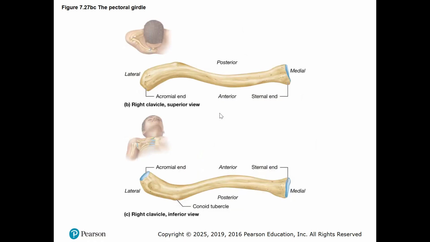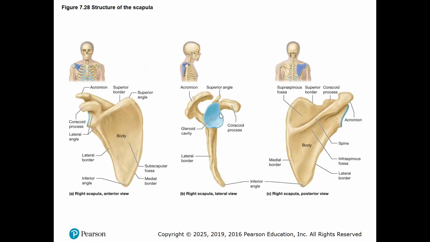So let's look at that in a little more detail. I love this slide because if you study it, you'll be able to clearly understand how to tell the front, the side, from the back of the scapula based on these bony processes. So let's look at that.